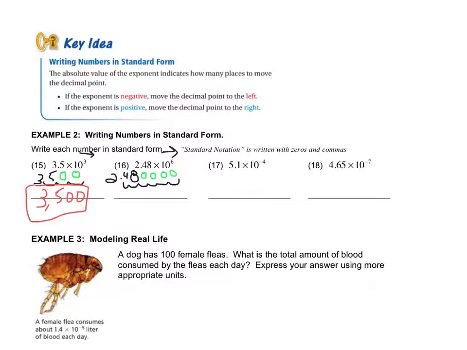So my final answer is going to turn out to be, once I've cleared my zeros and I've gotten everything where it needs to get, $2,480,000. Okay, now on the next one, notice we have a negative exponent.